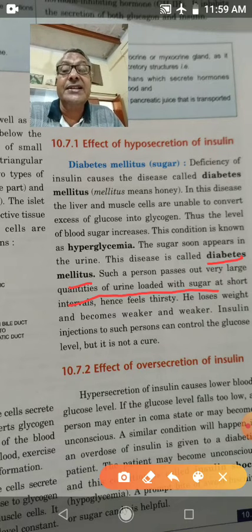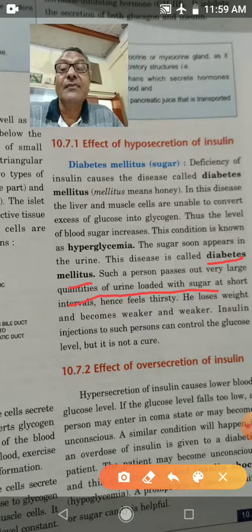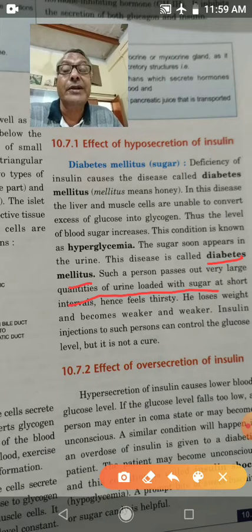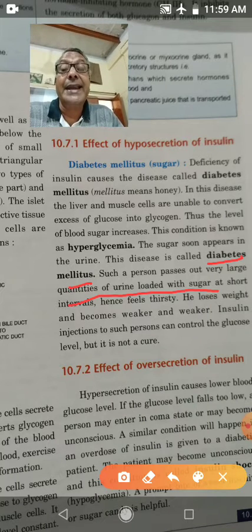This condition is called hyperglycemia, and the disease is called diabetes mellitus, and such persons pass out a very large quantity of urine loaded with sugar, that is glycosuria.